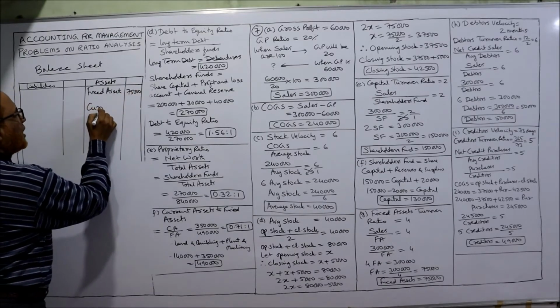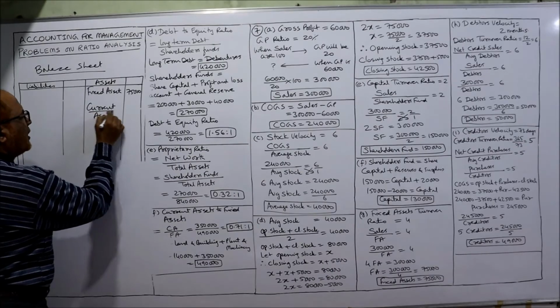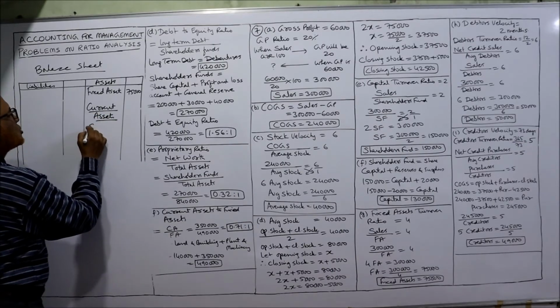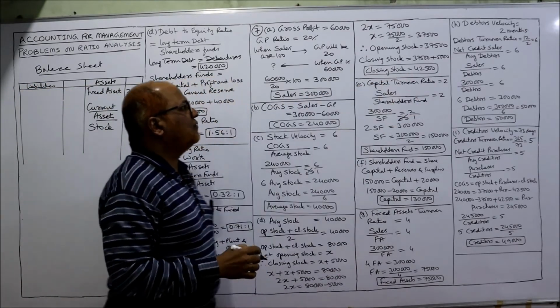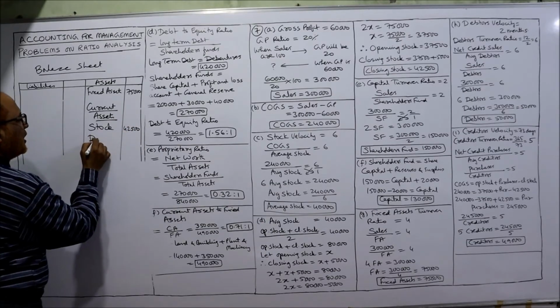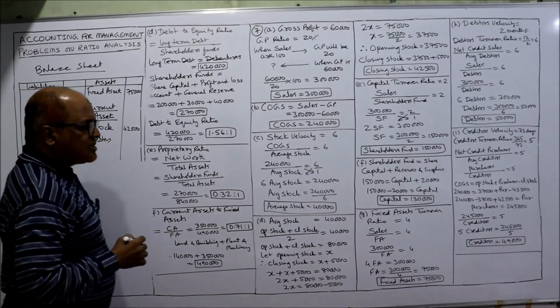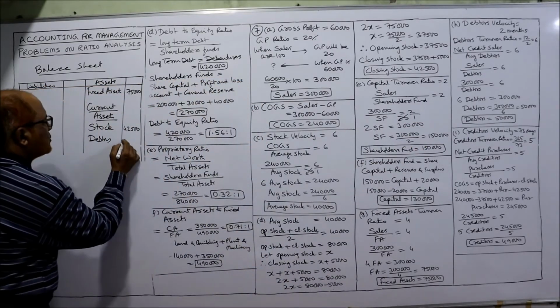Now I have to take current assets. Current asset consists of stock. How much is the closing stock? 42,500. So closing stock 42,500. Then debtors. Debtors we have calculated somewhere here, 50,000. 50,000 are the debtors.